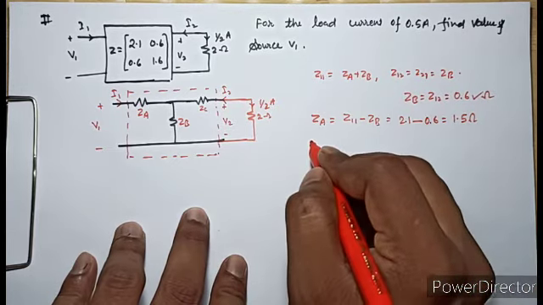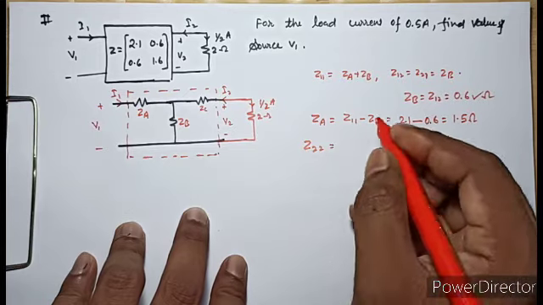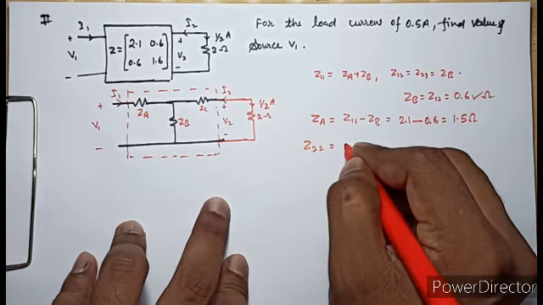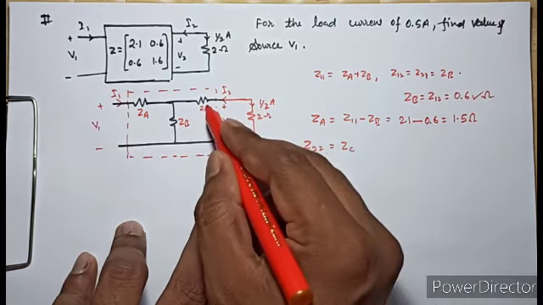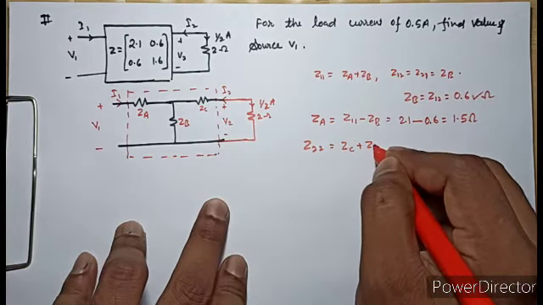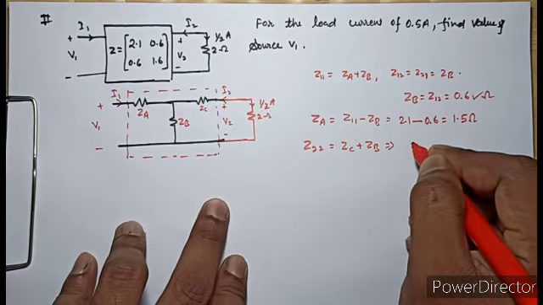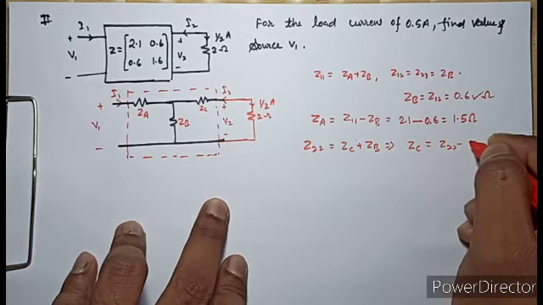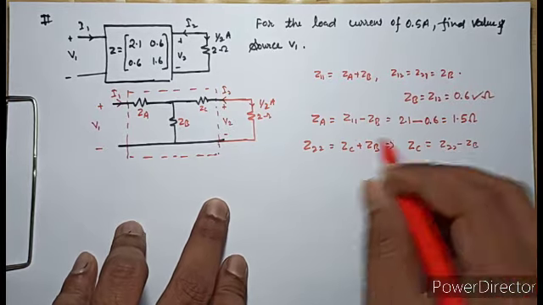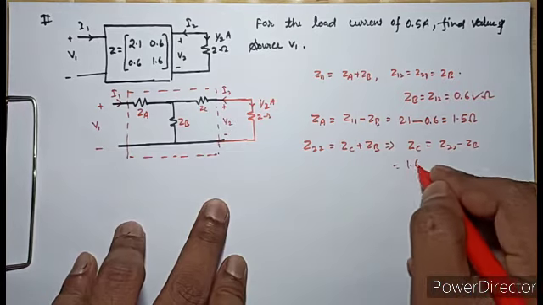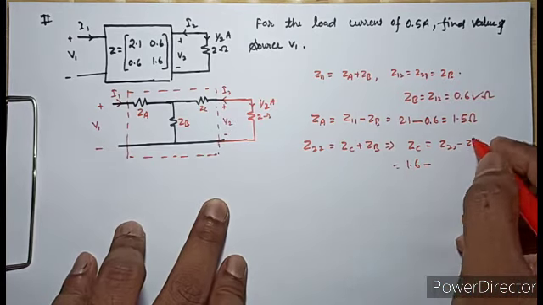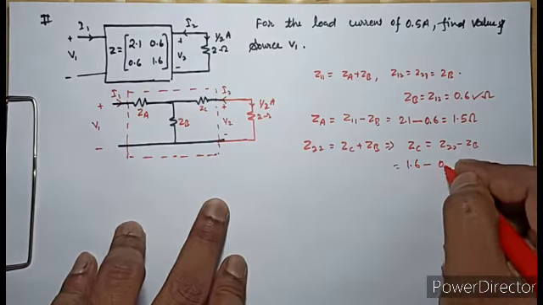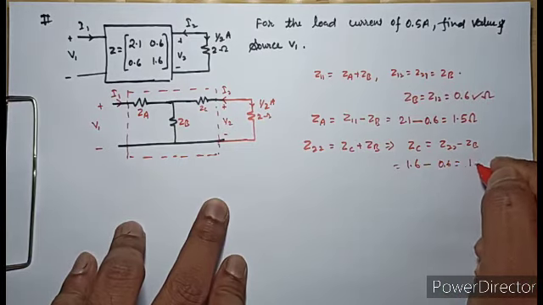Now recall, Z22 was ZC plus ZB. From here our ZC is Z22 minus ZB. Our Z22 is 1.6, minus ZB, ZB is 0.6, from which this is 1 ohm.